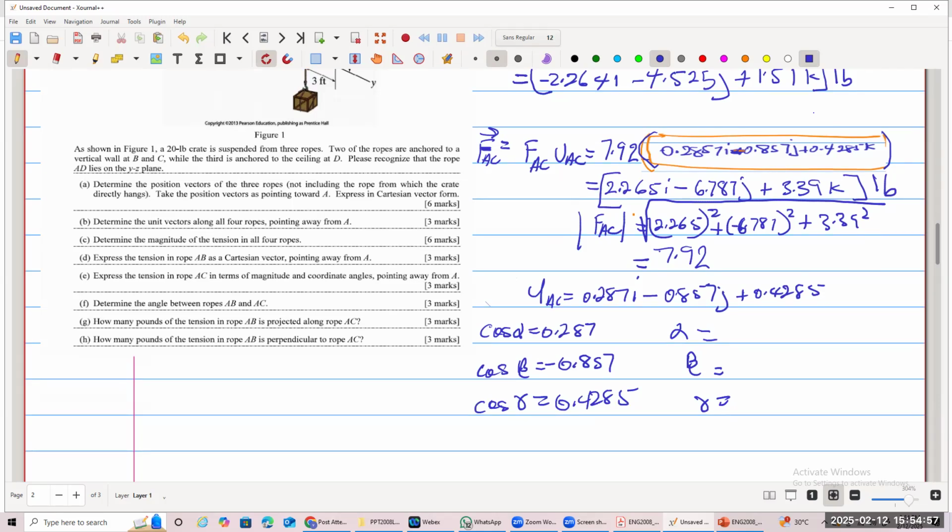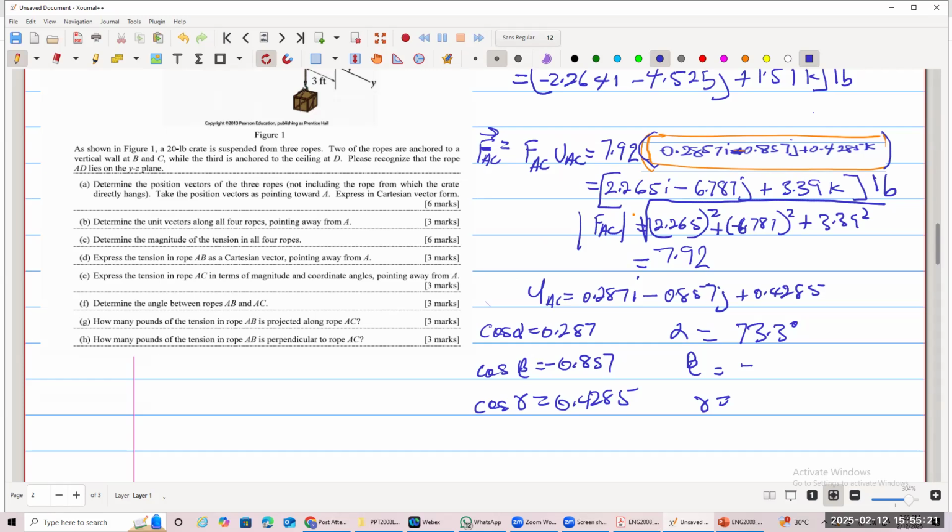Alpha, sir, 73.3. 73.3. And beta? It was a minus value.